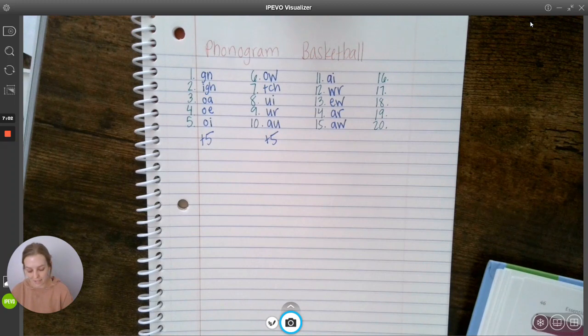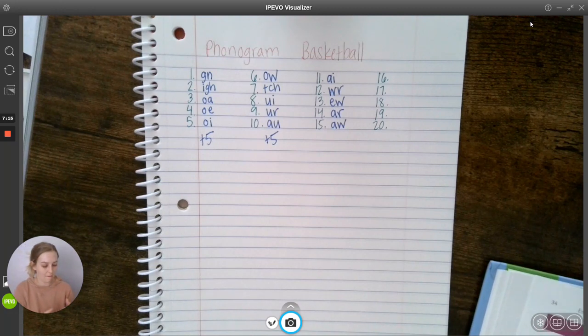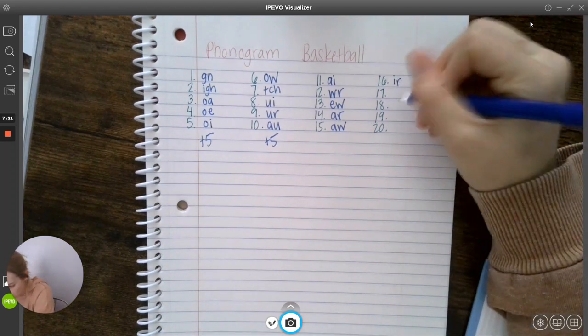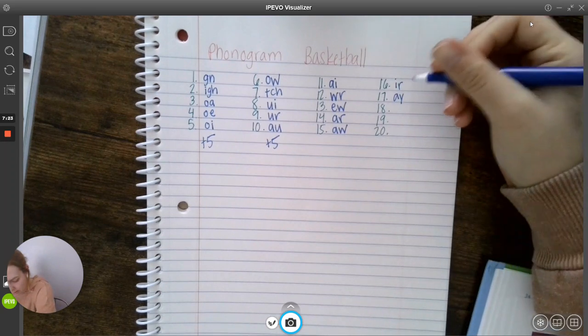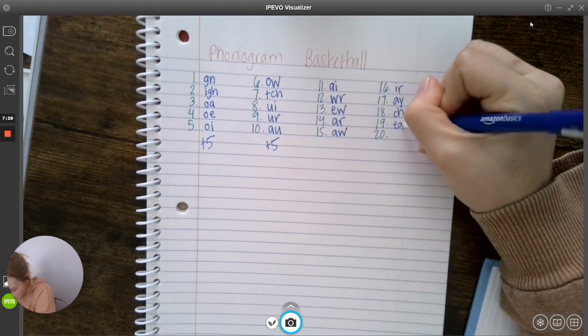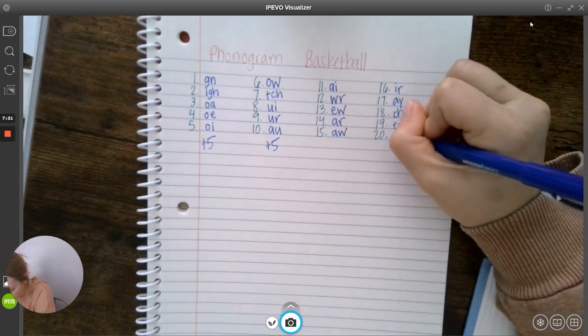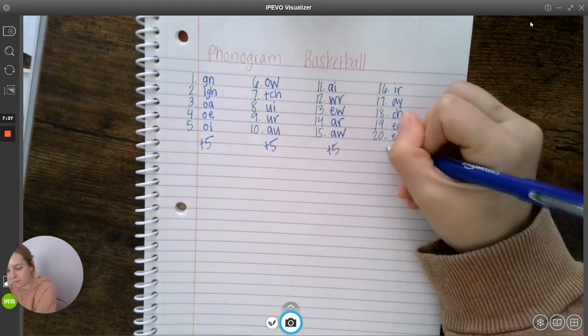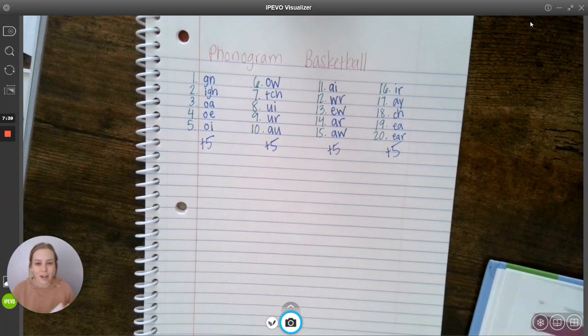And number 20, the of search. We have a, e, a, and, oops, and again, give yourself those 5 points if you got both of those columns correct.